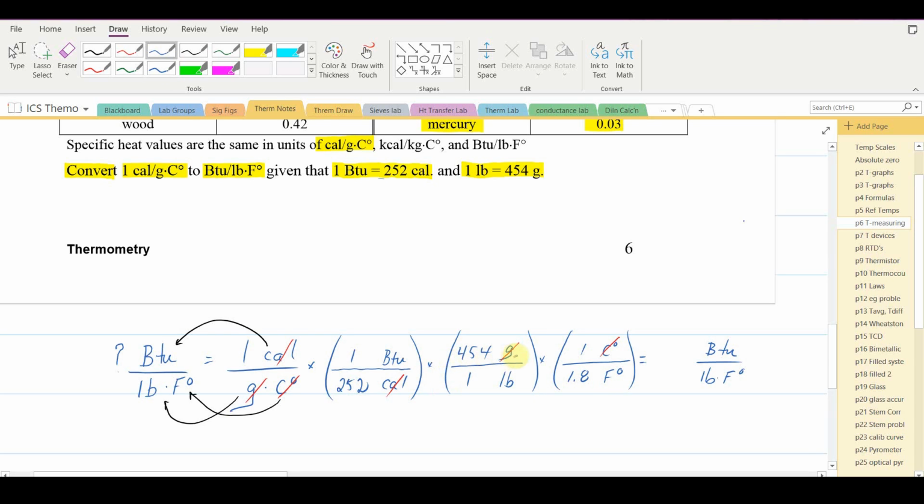And if you divide 454 by 252 and 1.8, you'll find that is equal to 1.00 BTUs per pound Fahrenheit degree, which is equal to a calorie per gram Celsius degree. Again, not surprisingly, because water is a standard for calorimetry, and so its value is set to 1 on both of these scales.